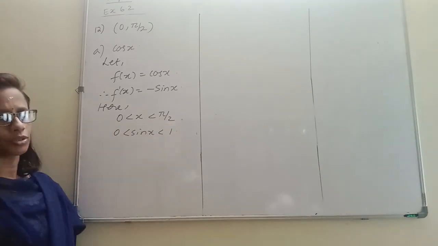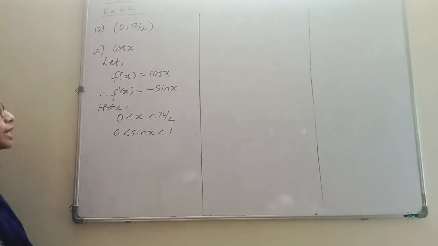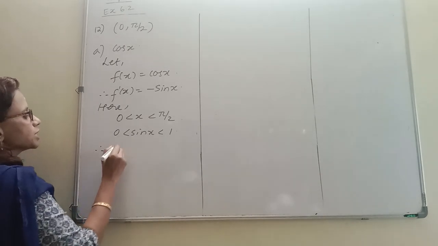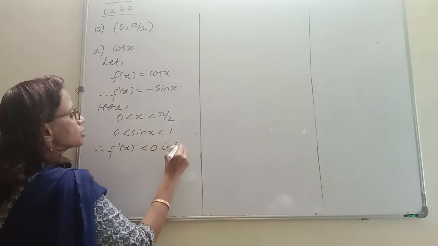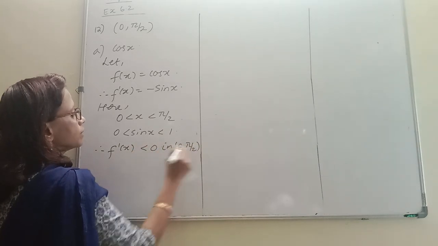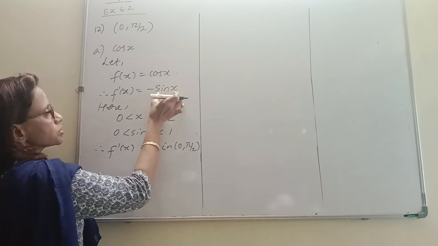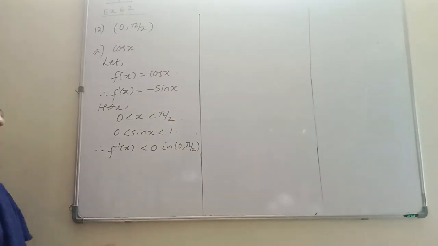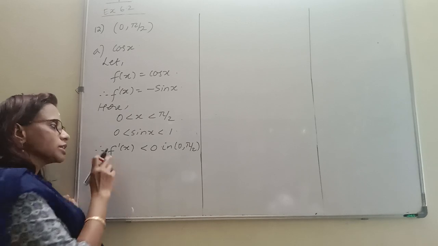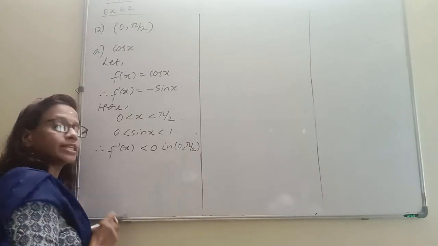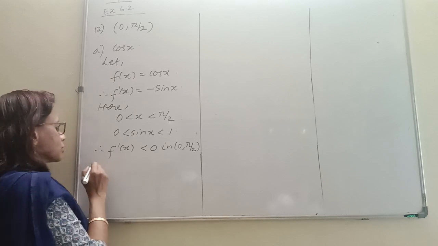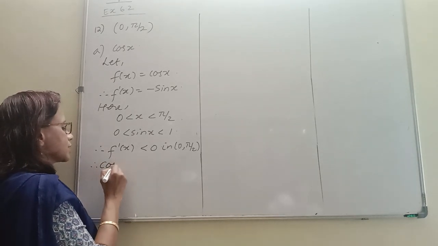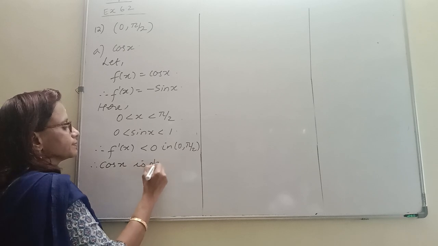So f dash x becomes negative in 0 to pi by 2, because sin x is positive. Because f dash x is negative in the interval 0 to pi by 2, it is decreasing. Therefore cos x is decreasing.